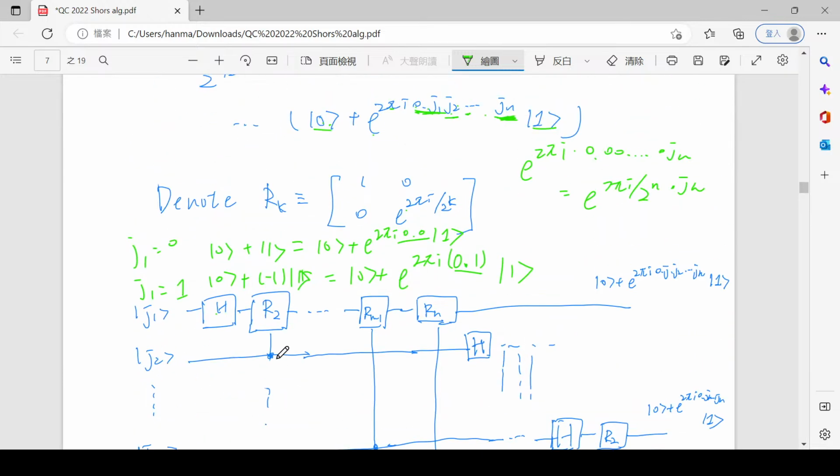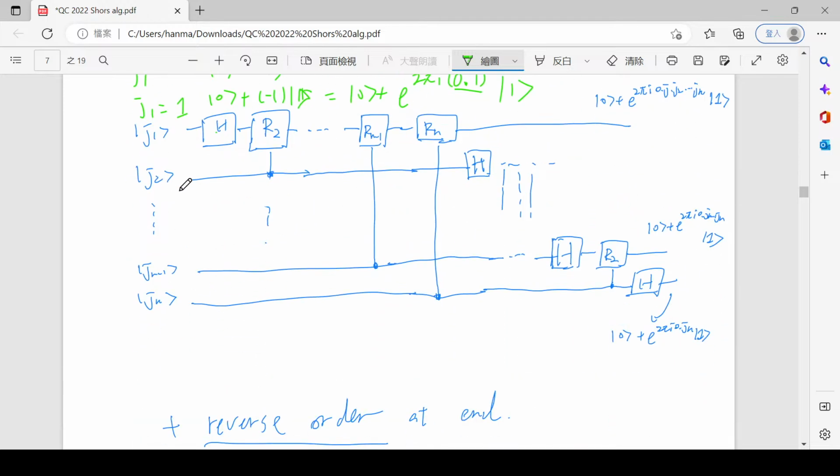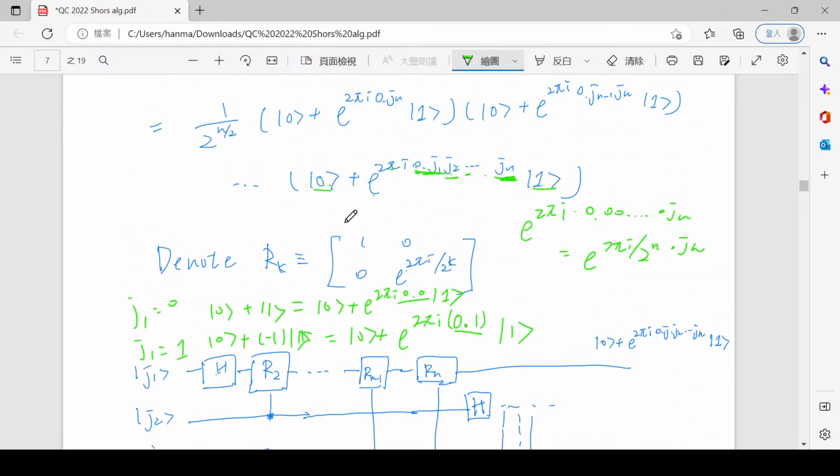So from this J2, you do controlled R2. Then you see that they exactly add up this bit. So when J2 equals 1, you get this 0.0J2 here. When J2 equals 0, obviously you don't get any phase here. And similarly, every J gives you extra phase here.